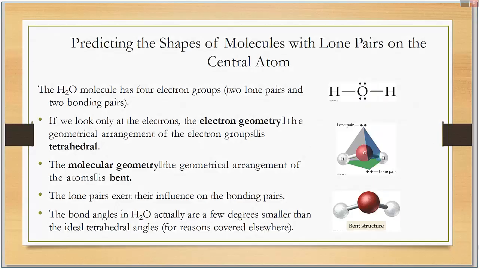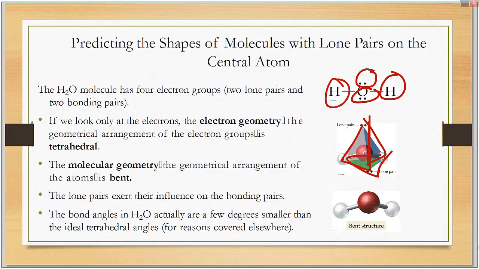Okay, so let's look at water. The H2O molecule has 4 electron groups. Once again, hydrogen, hydrogen, and then now we have 2 lone pairs. If we look at the electron geometry, the geometrical arrangement of the electron groups is tetrahedral again. Because if we count the lone pairs, we still get those 4 triangles.